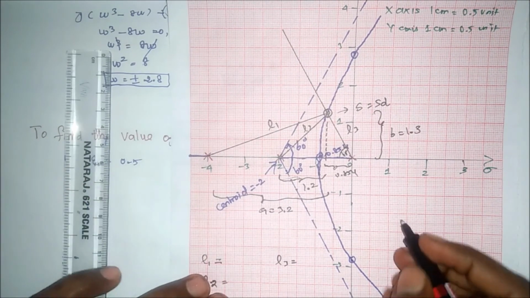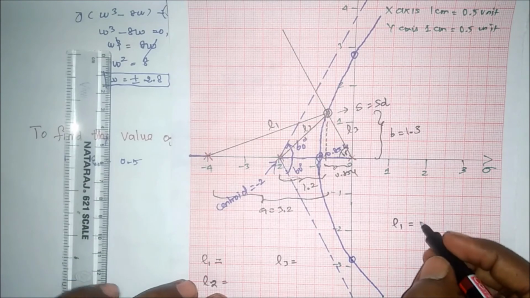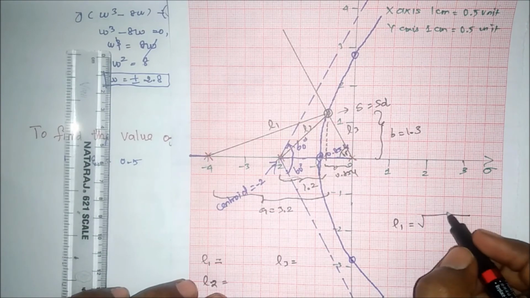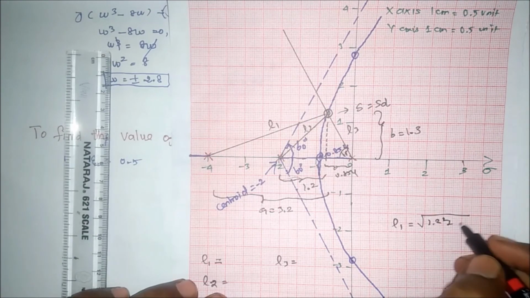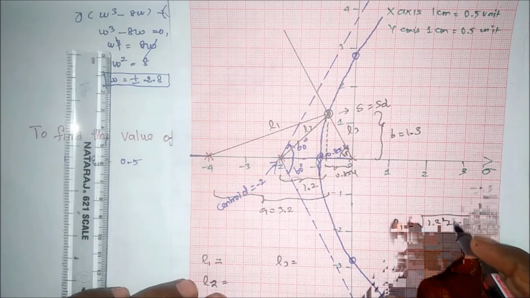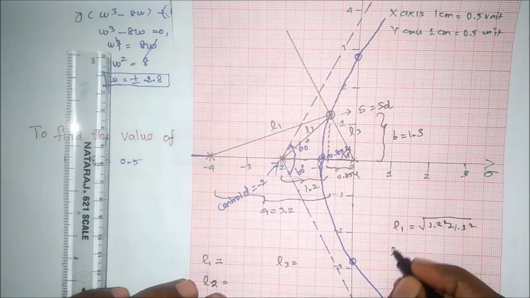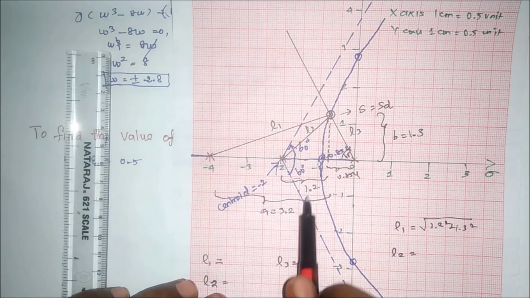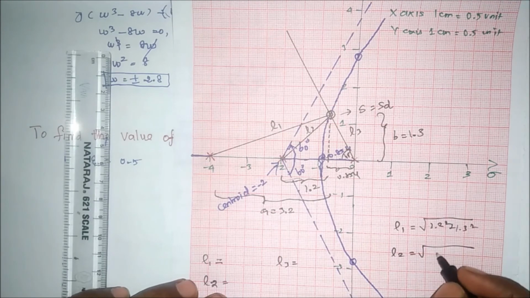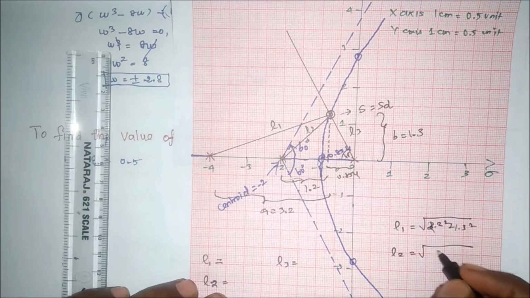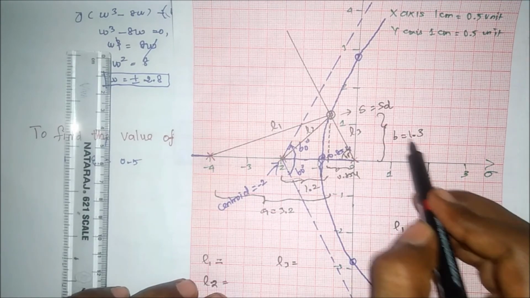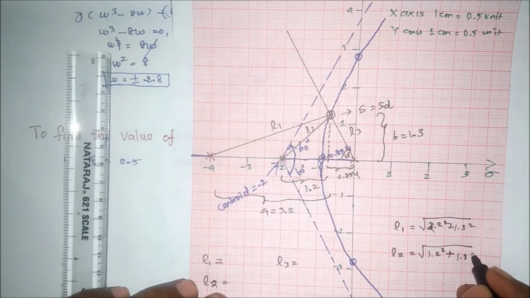So now L1 equal to square root of adjacent side 3.2 square plus 1.3 square. So now L2 equal to, what is L2? It is this one, square root of 1.2 square plus its opposite side value equal to 1.3.